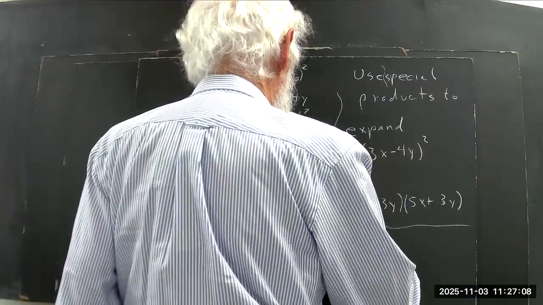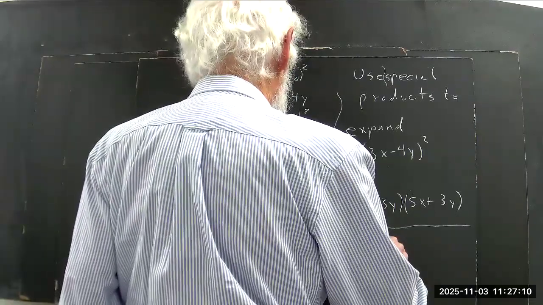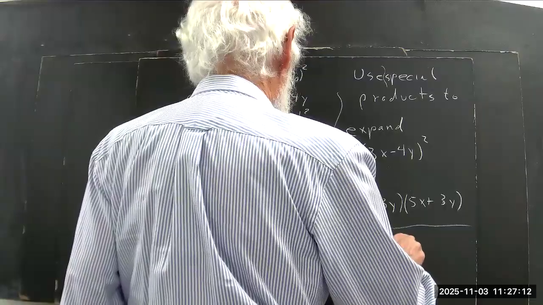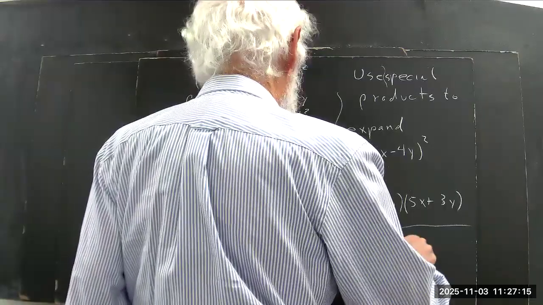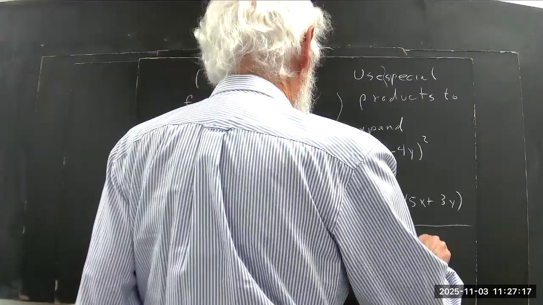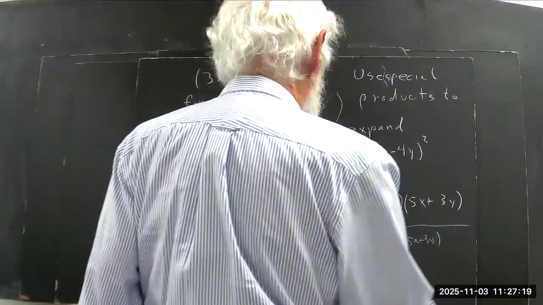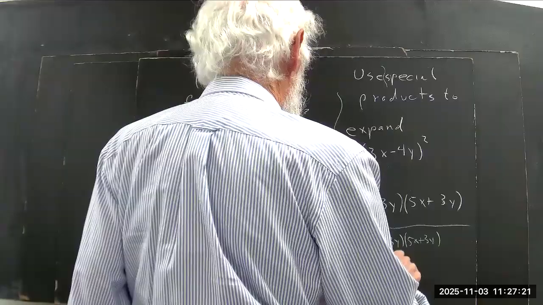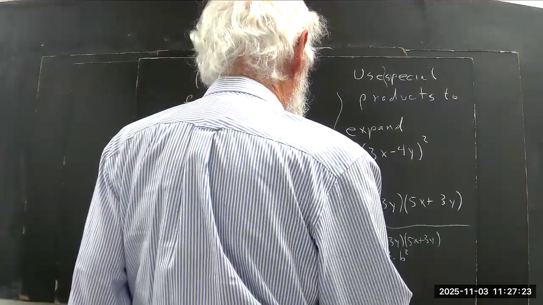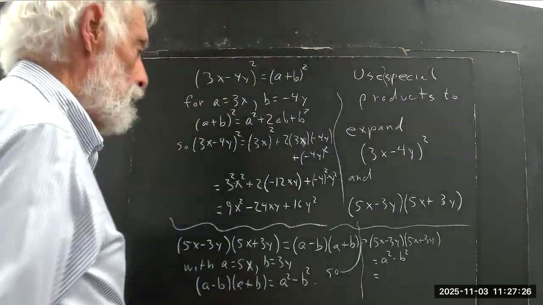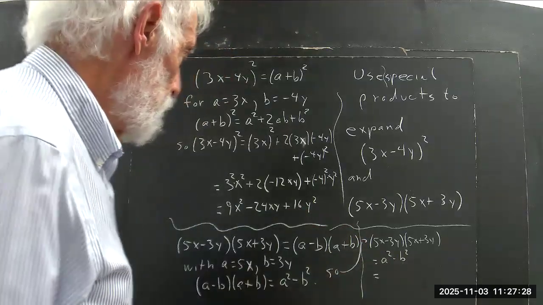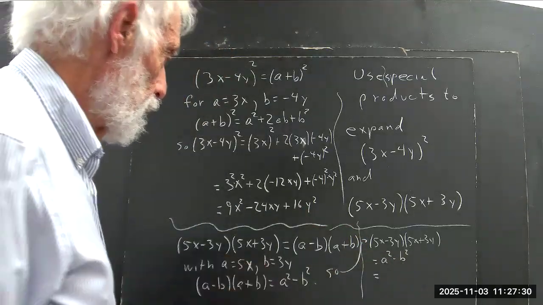So this is a squared minus b squared with a equal to this and b equal to this.